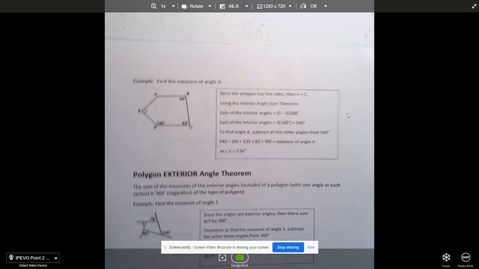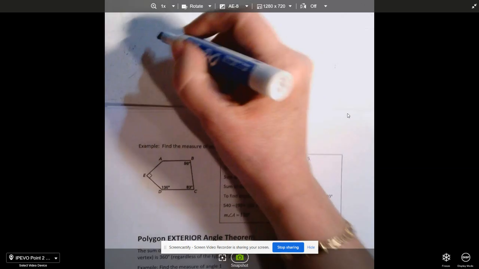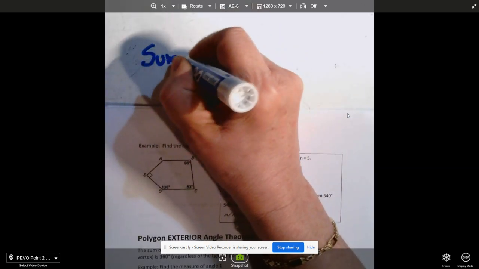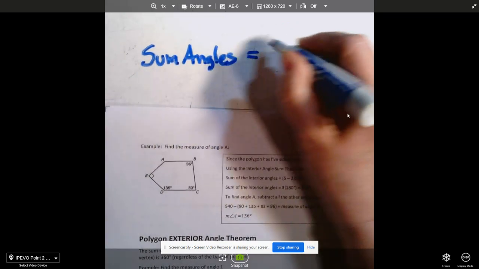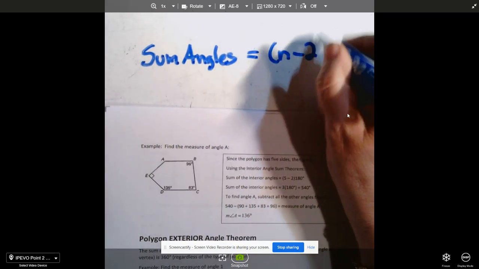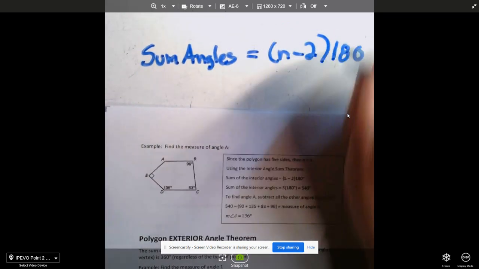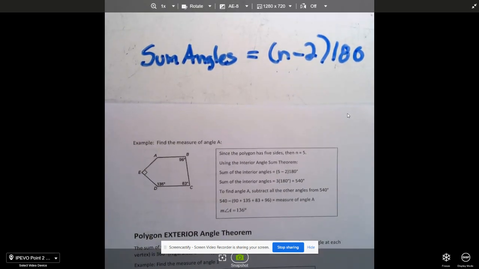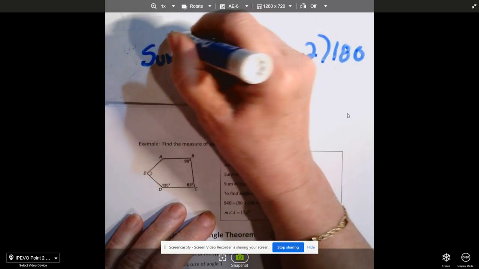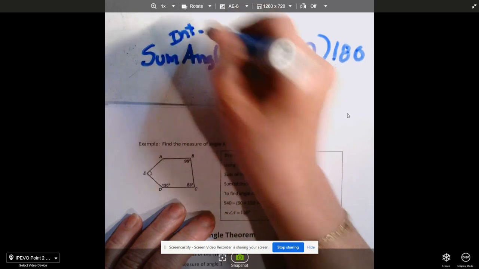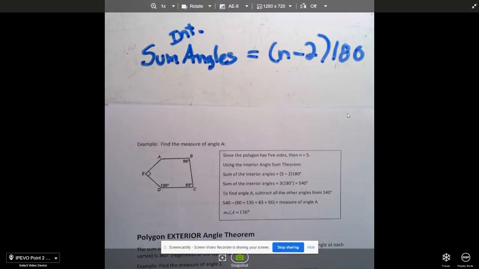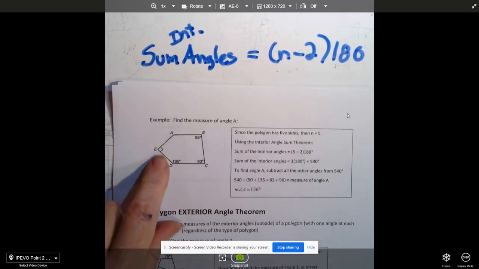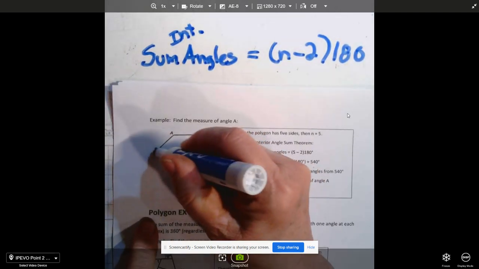Well, our formula is the sum of the angles equals n minus 2 times 180. That's my formula. So anytime it says find the sum of the interior angles, this is the formula that you would use. Well, n is the number of sides. So all I have to do is go to this here and count.